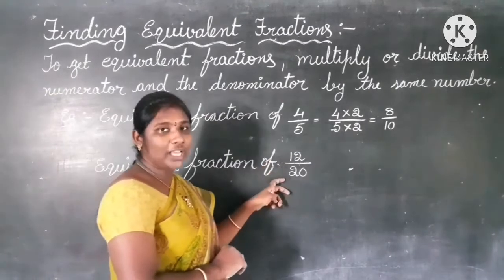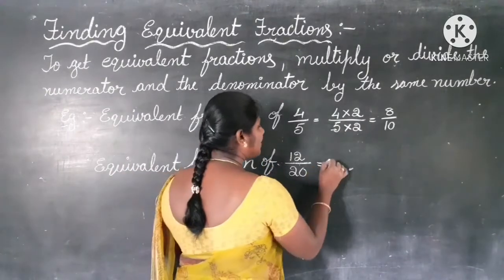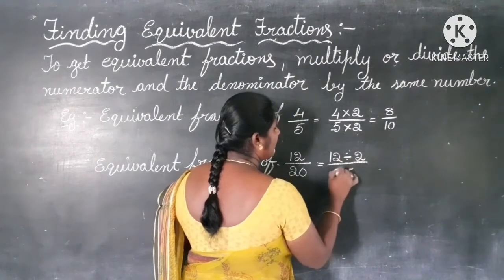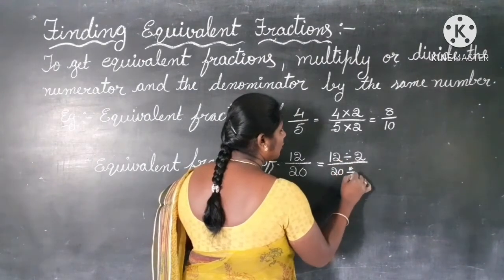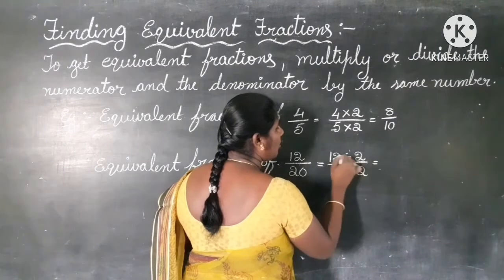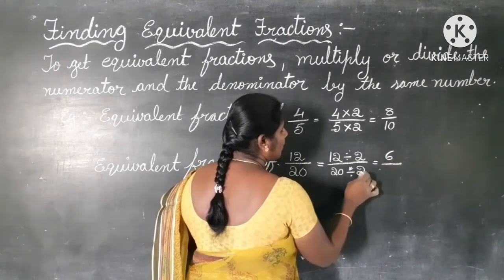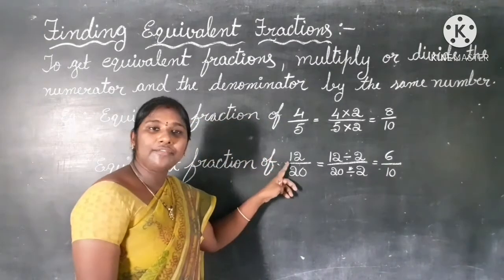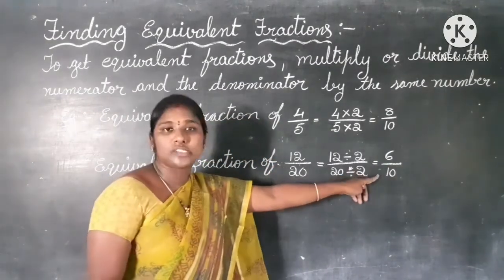These two will come in the 2 table, yes. So we can do division with 2. 12 divided by 2 by 20 divided by 2. In the 2 table, 12 how many times? 2 6s are 12. 2 table 20 how many times? 2 10s are 20. So the equivalent fraction of 12 by 20 is equal to 6 by 10.